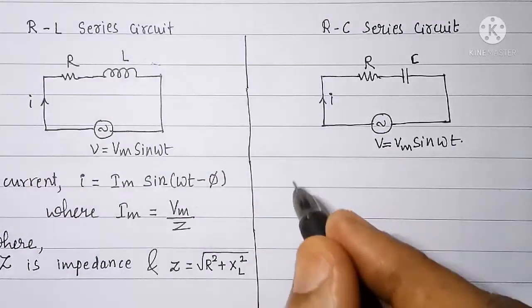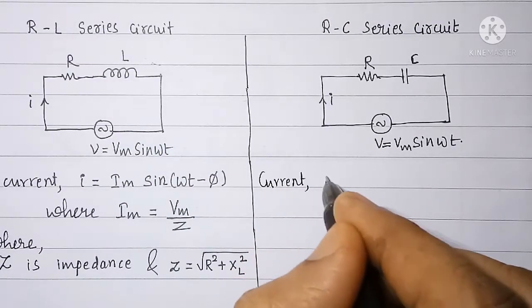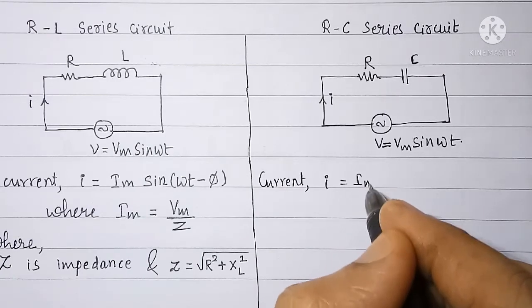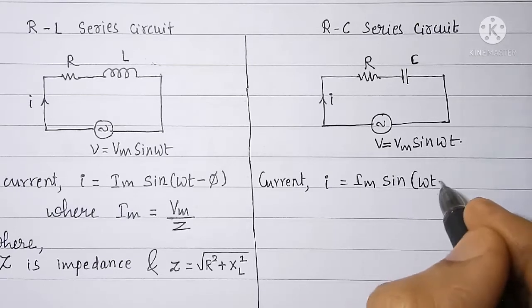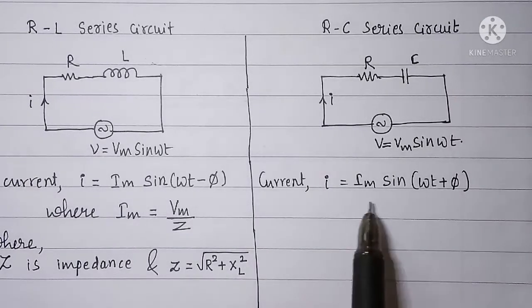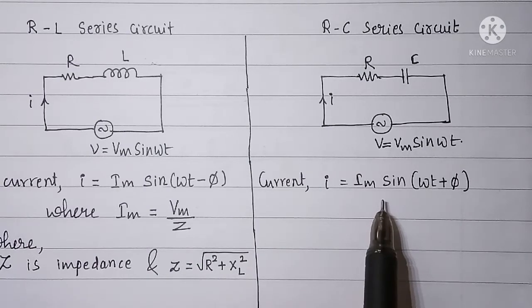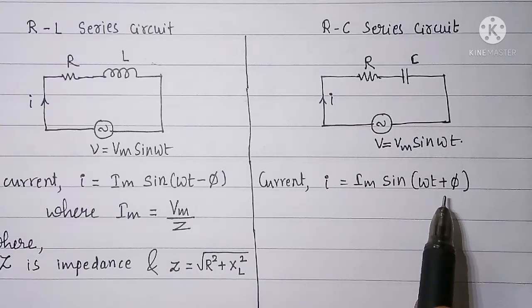In capacitive circuit, current I is equal to Im sine of omega t plus phi, because in capacitive circuit current leads supply voltage by an angle less than 90 degree.